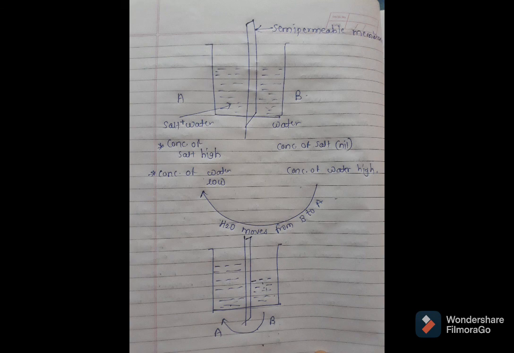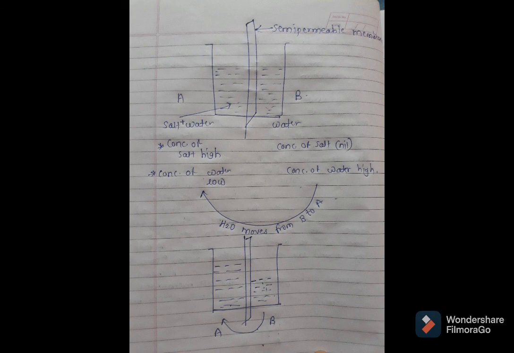Fill that beaker with water and add salt to side A. Inside A, the concentration of salt is high, and inside B there is no salt, so nil concentration.